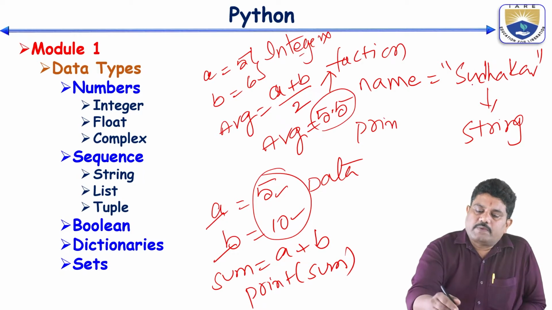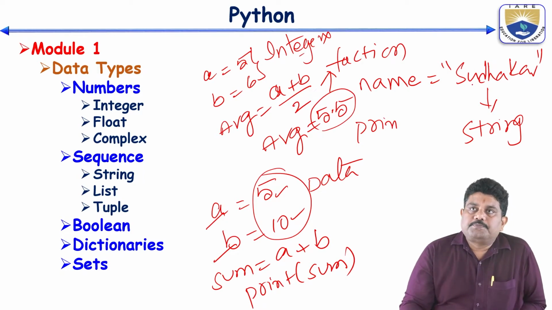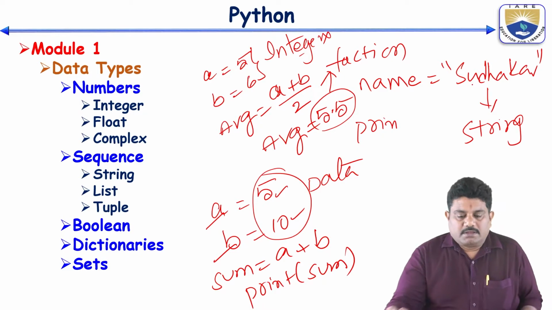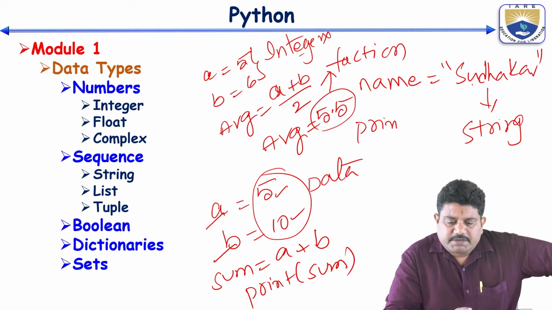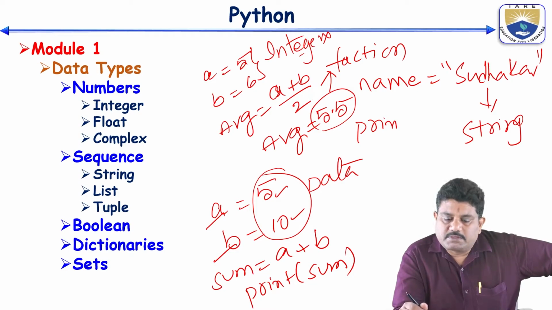These values are called data. Here we can have different types of data: whole numbers, fraction numbers, and strings.